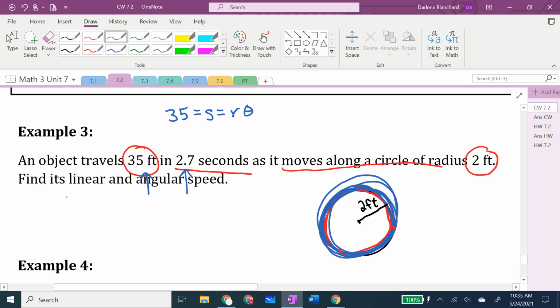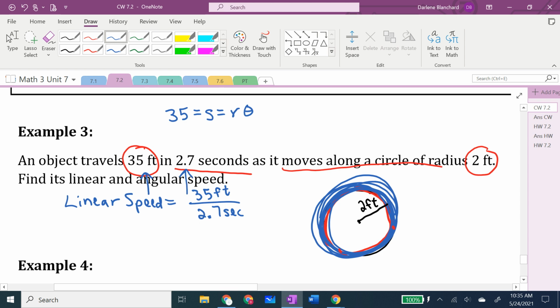My linear speed is how much distance I cover divided by how much time. That means my linear speed is that I traveled 35 feet in 2.7 seconds. The linear speed is just dividing how far by the amount of time.